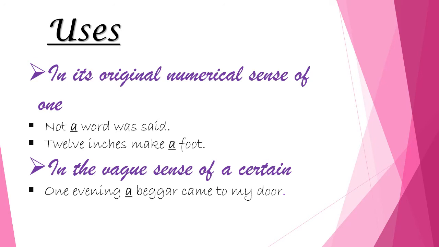We also use it in the vague sense of a certain. Like here, one evening a beggar came to my door implies that a particular beggar had come to my door, but we exactly don't know which beggar. So there is a very vague, a hazy sense of certainty of a particular beggar, but not a clear picture. So in such senses also we do use indefinite articles.